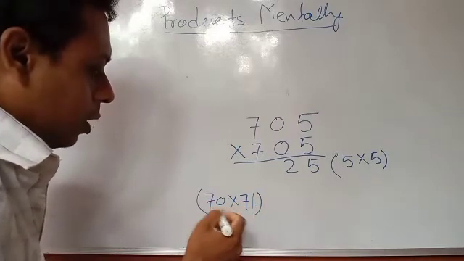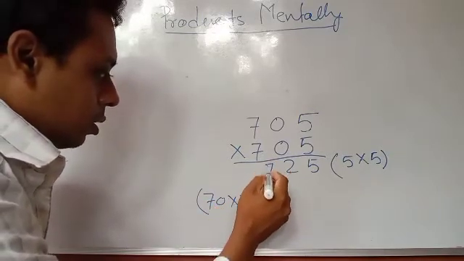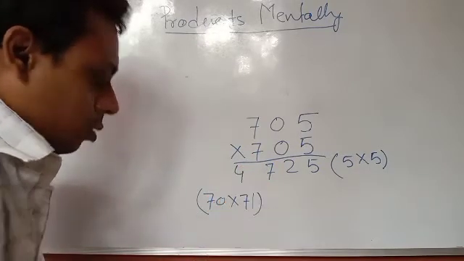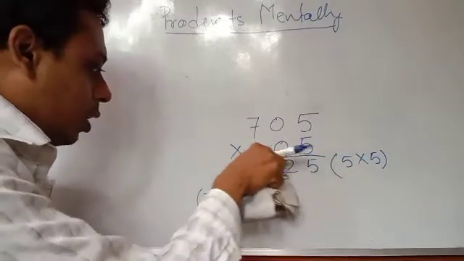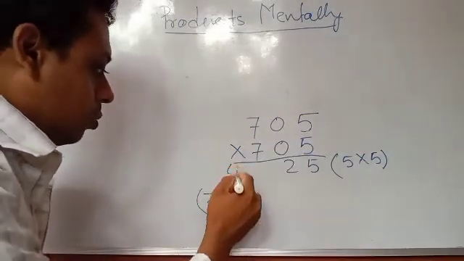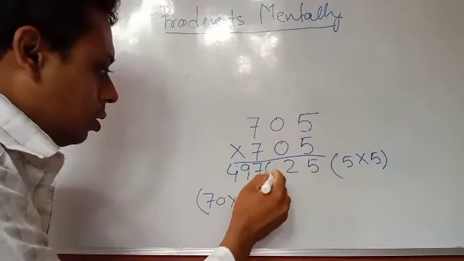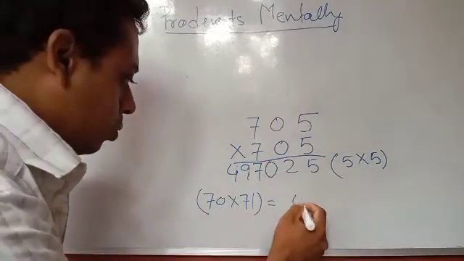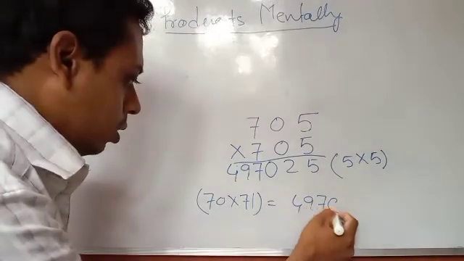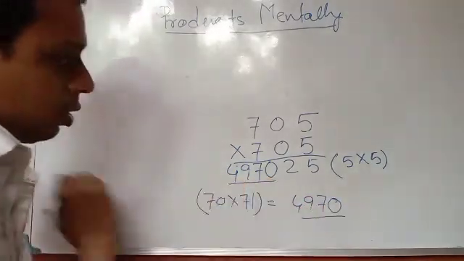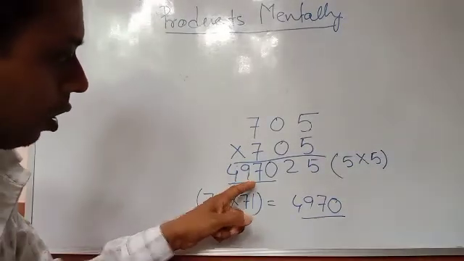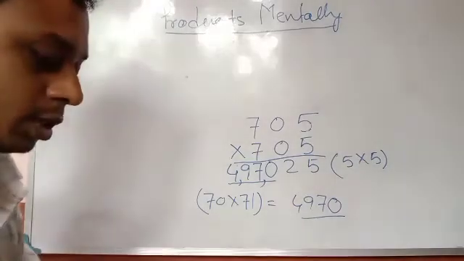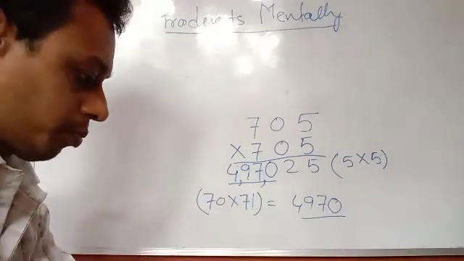Now 71 if we multiply by 7, then 1 7 is 7, 7 7s are 49. So 4970. If you multiply, then you will get 4970. So that you have to write here. Then you will get 4,97,025.